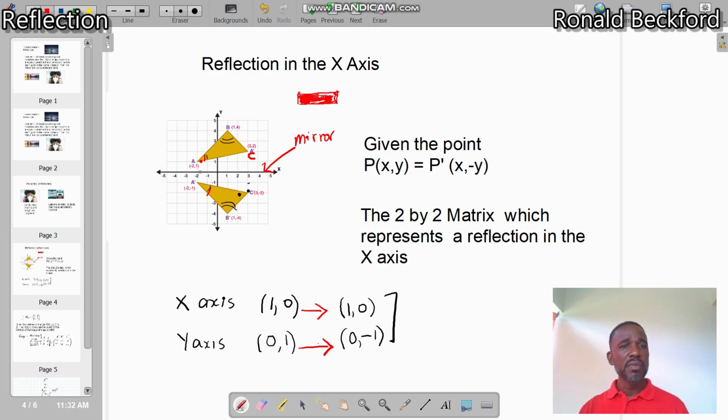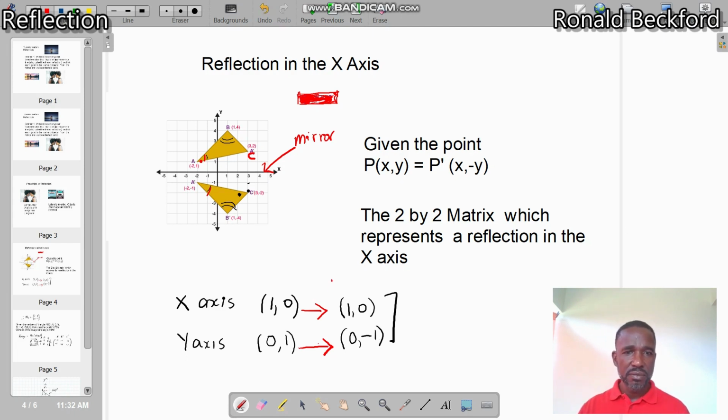So what does that mean? If the y values were positive, they will become negative, and if they were negative, they will become positive. So the basic concept behind a reflection in the x-axis is that the x values will remain, but the y values will attain the opposite sign. That's basically what this means.